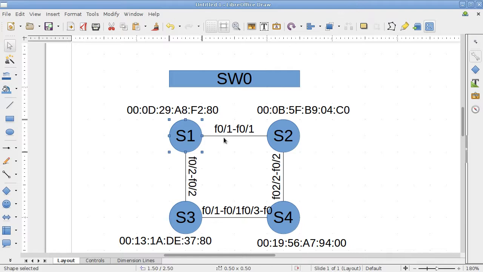So now we've removed this link here and instead connected 4 to 4 here. This link's still here, this link's still here, and we still have 2 here.